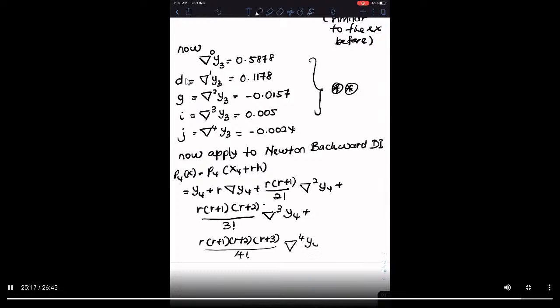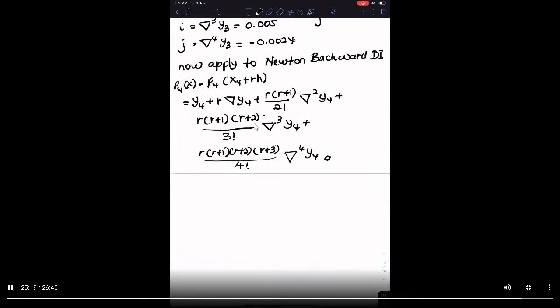D, G, I, J is given, taken from the table. So to find ln 1.7, you replace x equal to 1.7 in the formula.